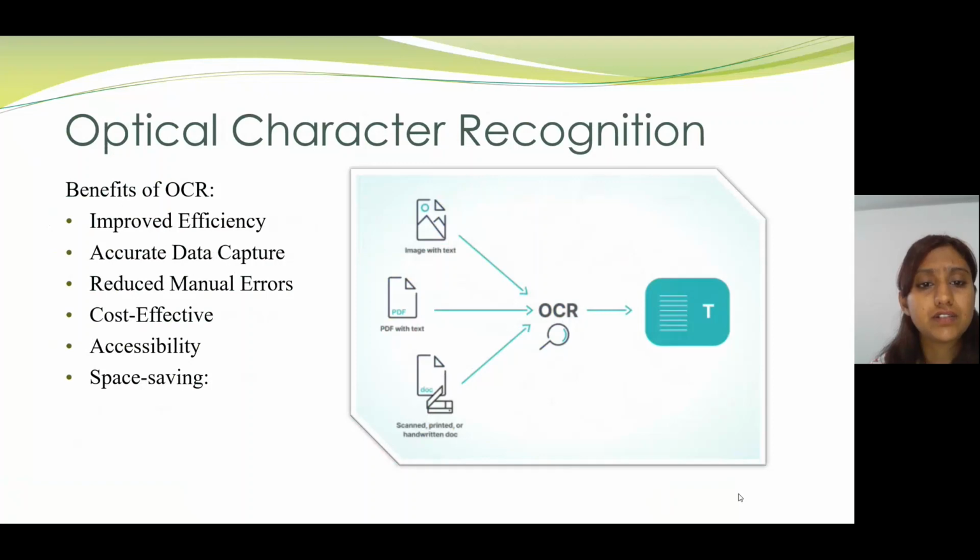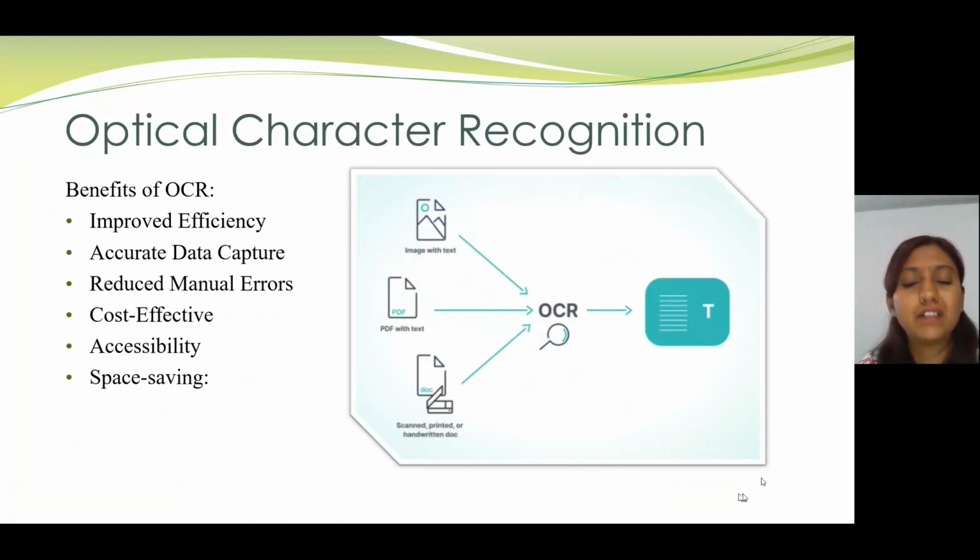optical character recognition. It allows machines to recognize and convert printed or handwritten text into digital format. OCR technology uses algorithms to scan and analyze images of text and then converts them into machine-readable text that can be edited, searched, or processed.